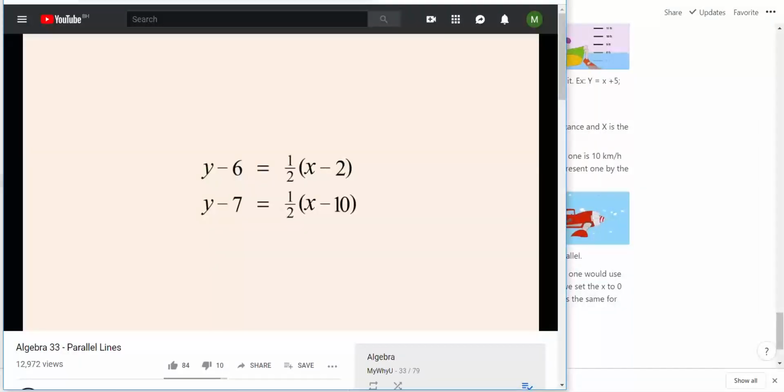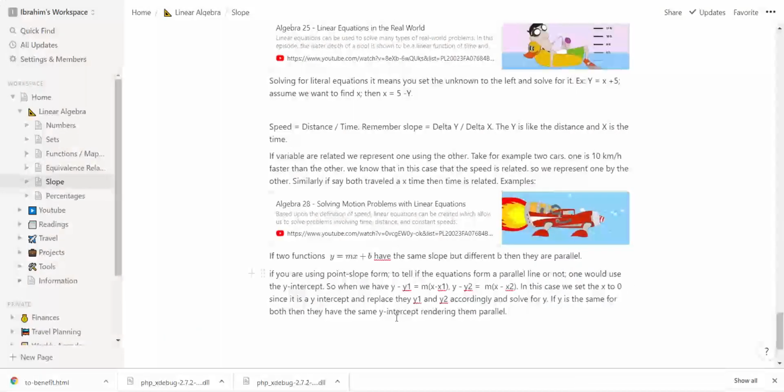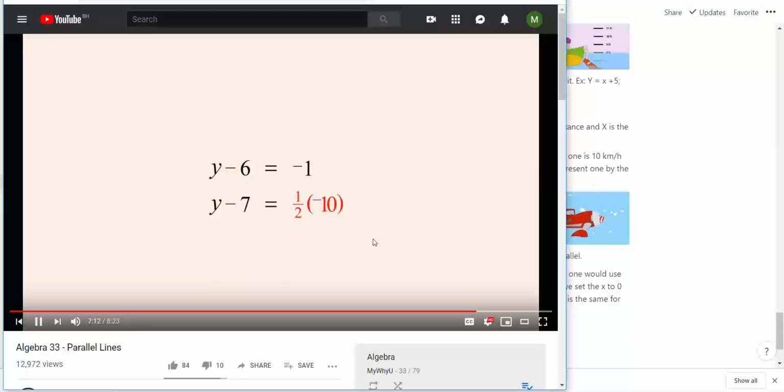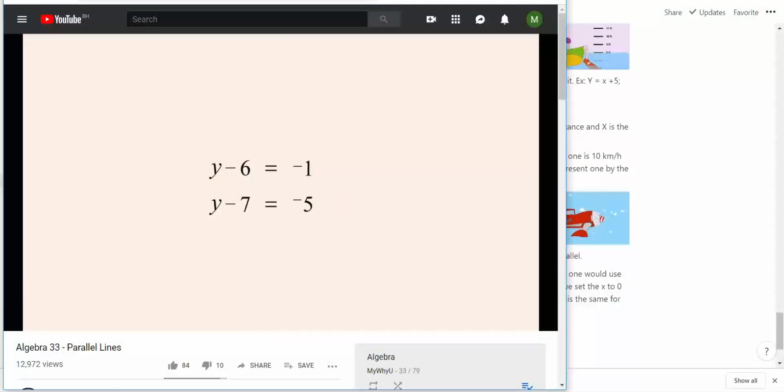Once again, we find the y-intercepts for each equation by setting x to 0 and solving for y. We first eliminate the zeros and complete the arithmetic, multiplying 1/2 times -2 to get -1, and 1/2 times -10 to get -5.